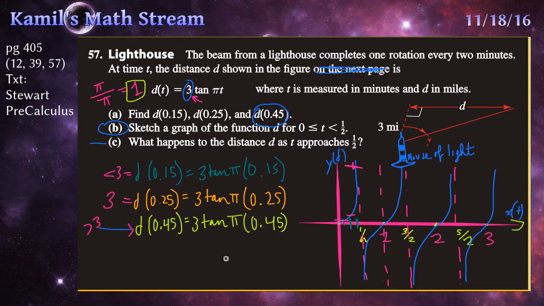So we have our handy dandy calculator, and we're gonna graph f of x equals 3 tan pi of x.